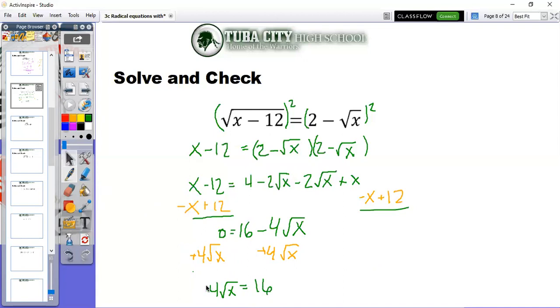I'm a little bit out of space. Let's see if I can move this a little bit. Oh, well, I can do one more step in this case, and that would be to divide both sides by 4. So I get, I'm going to move my workspace over here, root x equals, and then 16 divided by 4 is 4.